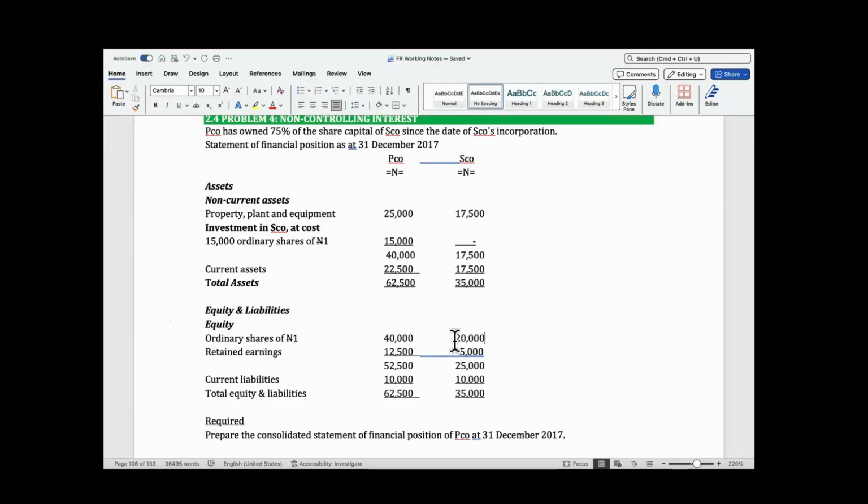Any uncancelled share capital of the subsidiary belongs to outsiders, meaning it is owned by other investors in the subsidiary, and they are not part of the group because the group is the parent and the subsidiary.